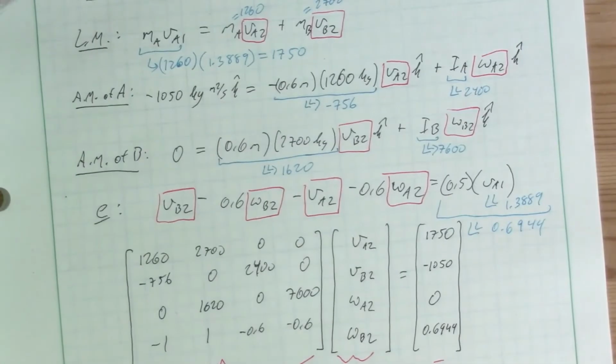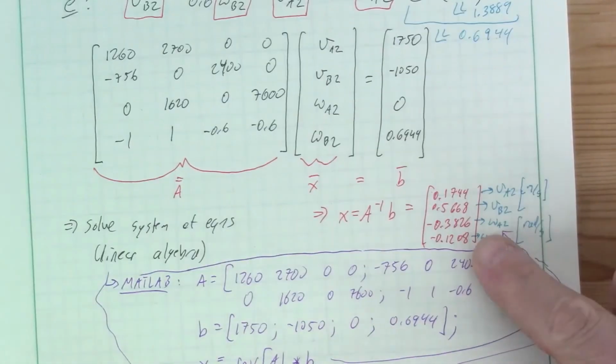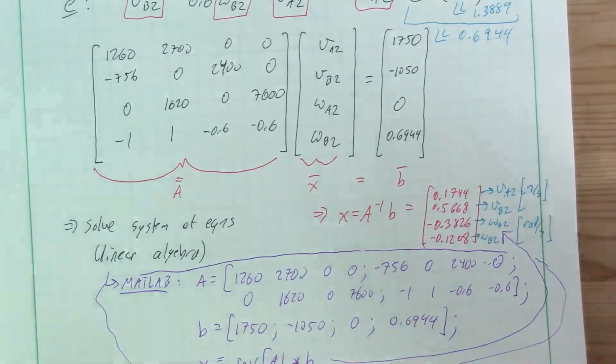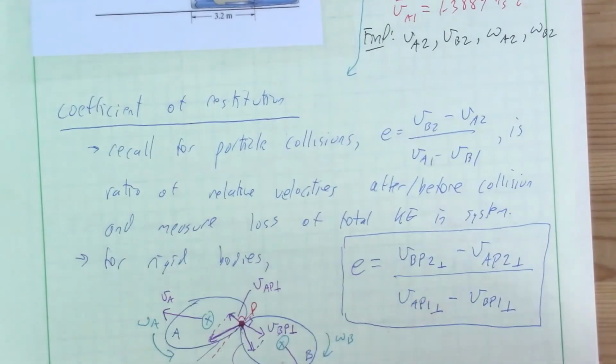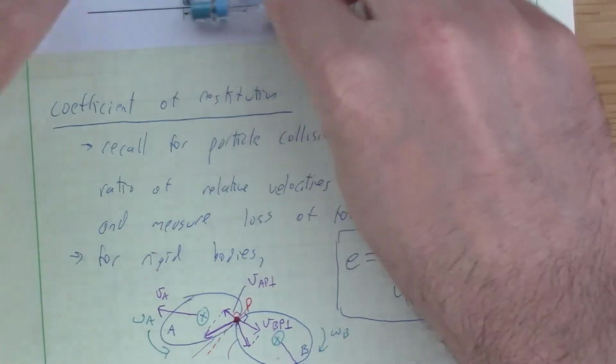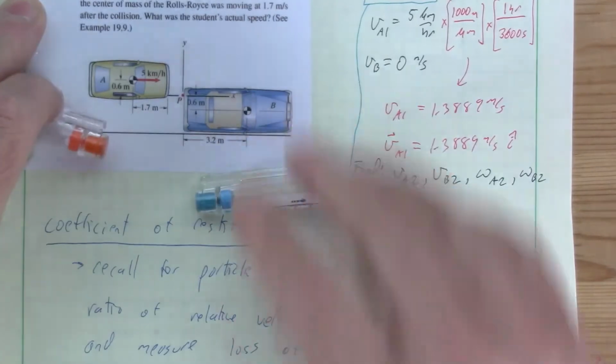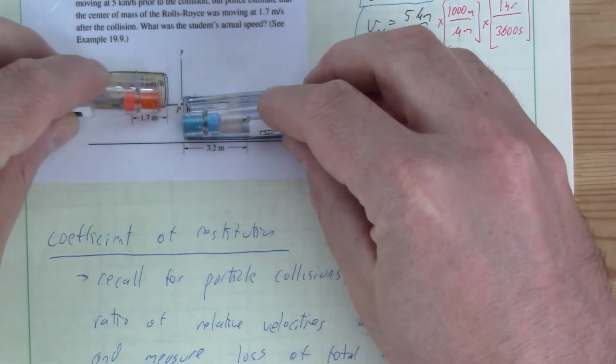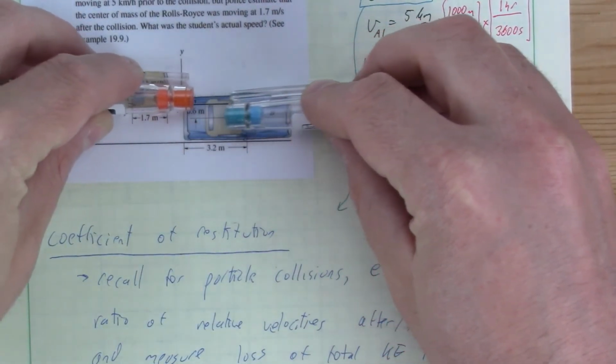Let's check that. Does that make sense? 0.17 versus 0.56, they both move to the right after the collision. After the collision, this one moves faster.